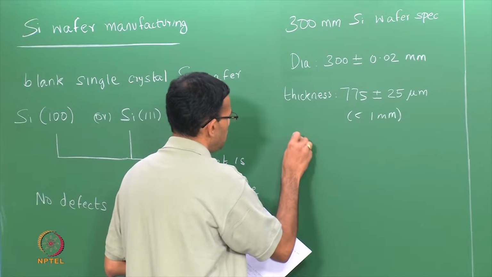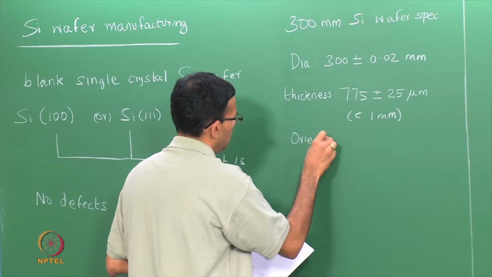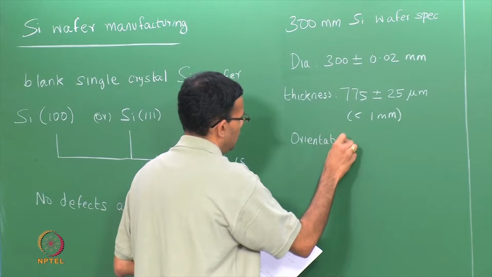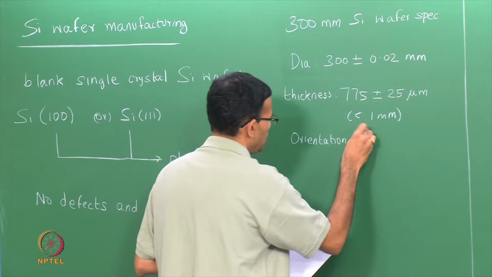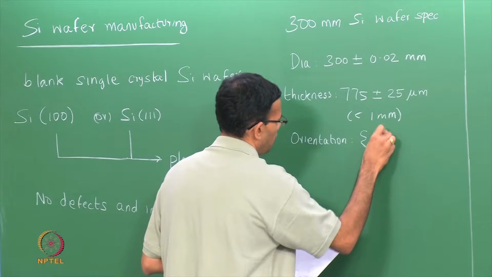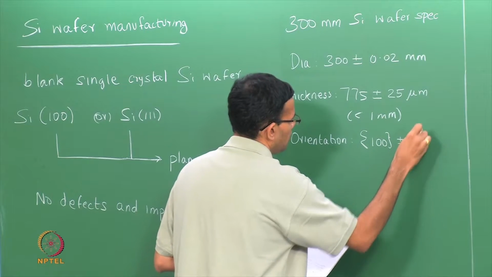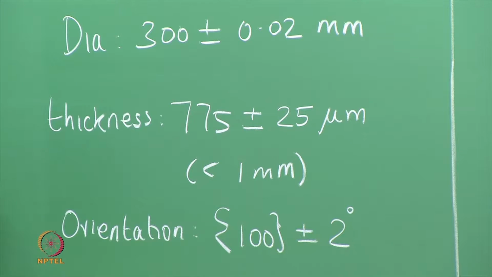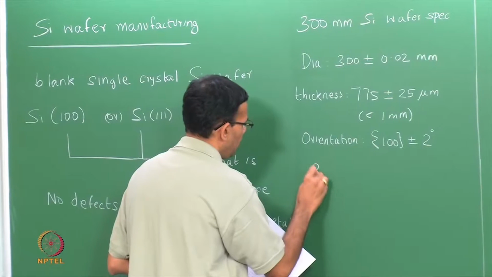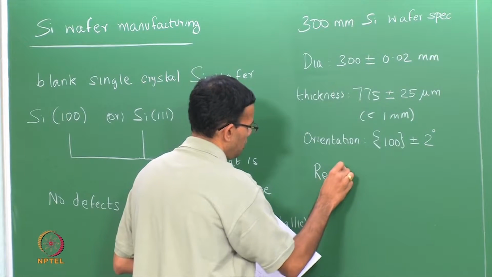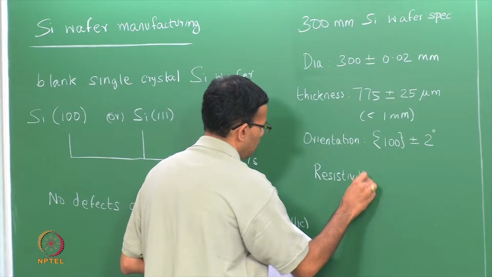The orientation can be 100 or 111, but the deviation from that should be very small, less than 2 degrees. Typically you mention the resistivity of the wafer.